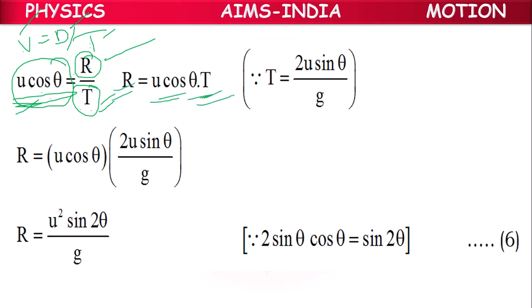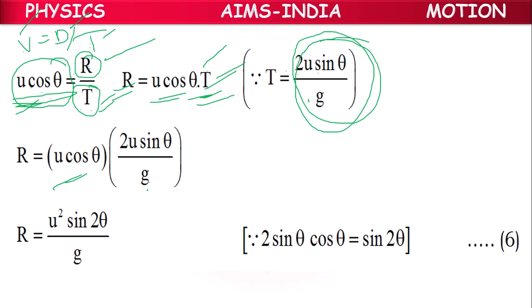R equals u cos theta into T. But this T value is 2u sin theta by g, because it is double the time of ascent. So in the place of capital T, we can keep 2u sin theta by g. So u into u is u square, with cos theta and 2 sin theta.